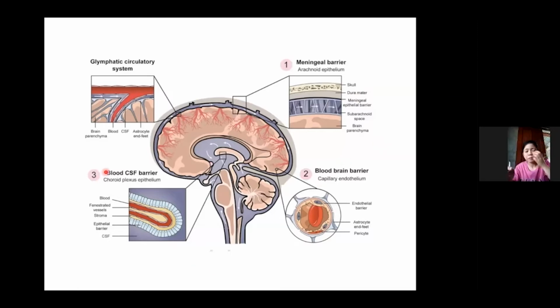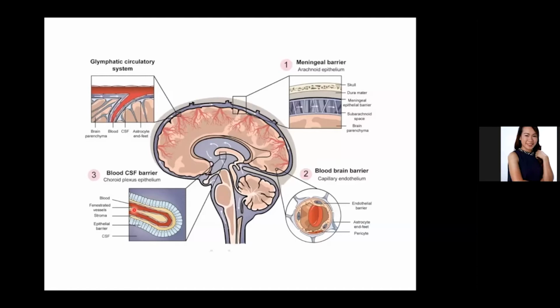Okay, so we have the blood-CSF barrier. Now, this is the barrier between the blood and the CSF. So we can see here in this picture the blood vessel, and this blue portion represents our cerebrospinal fluid. And there is a barrier in between them. So what comprises that barrier? We have here some fenestrated vessels. What do we mean when we say fenestration? Fenestrations are luminal divisions of the vessels.